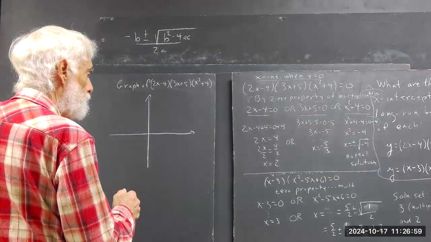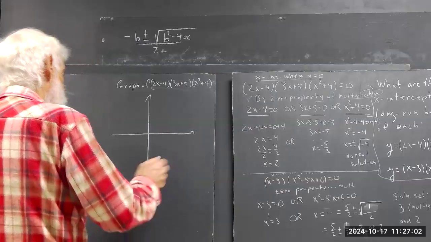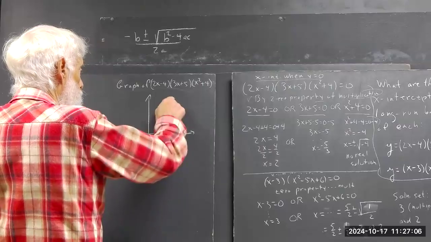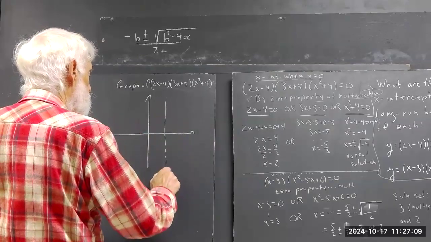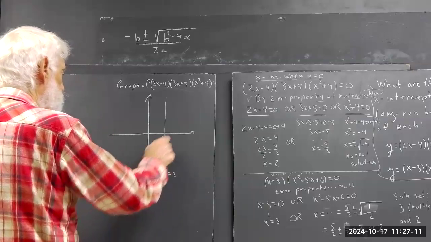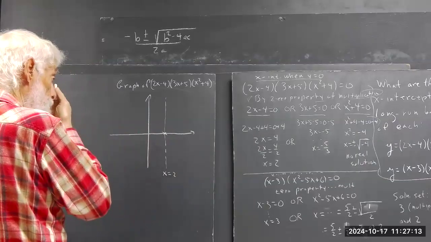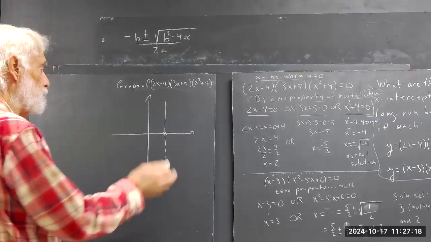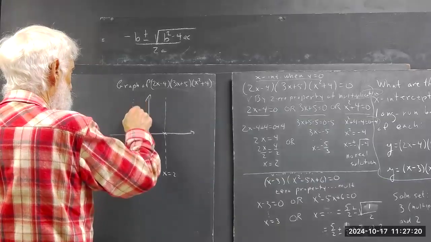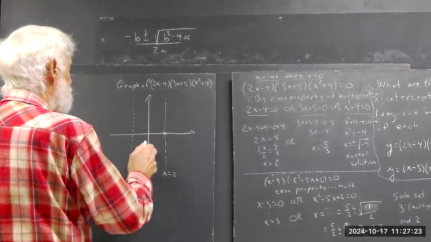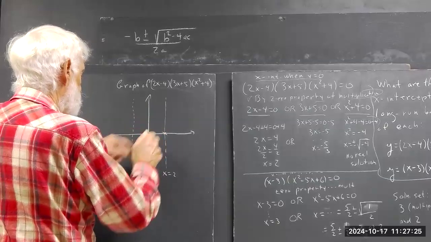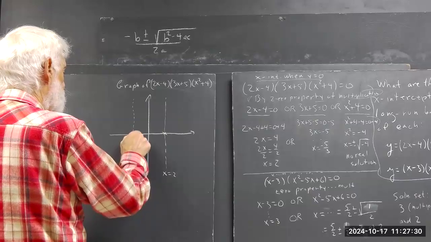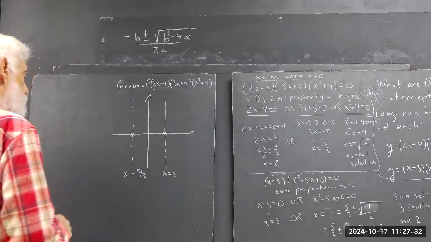Okay, so 2, I'll just put 2 here. X equals 2, so you have an intercept here. -5/3 is -1 2/3. It's almost -2, so it's going to be just a little closer to the y-axis than this. It's going to be negative. And we have an x-intercept here.